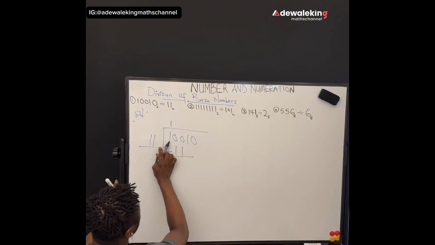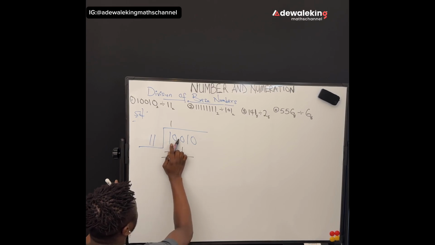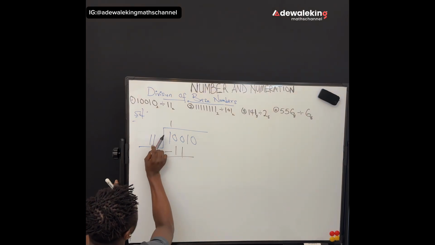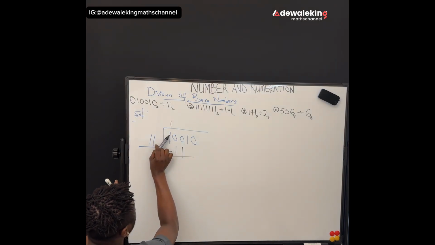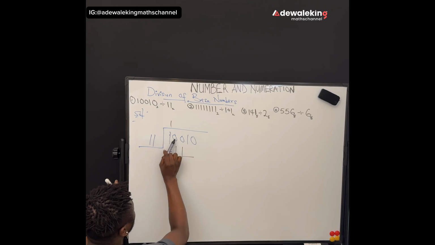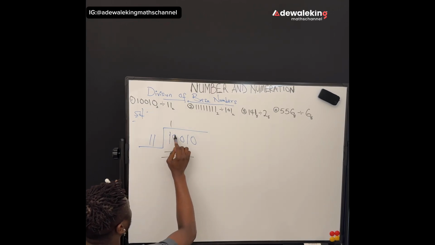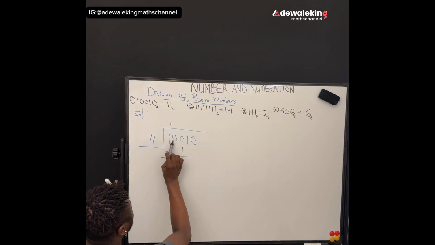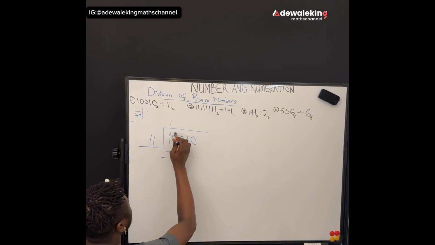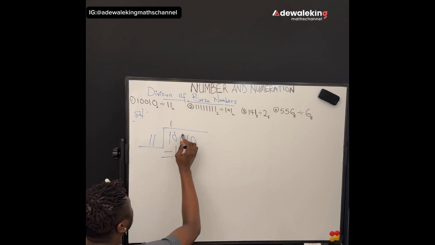To subtract these 3 digits and these 2 digits in base 2, we're going to take 1 from here. The 1 you carry from here, you bring to this place, and this place will be 2. So 2 plus 0 is 2. You take 1 from 2, this becomes 1, and this is now 2.